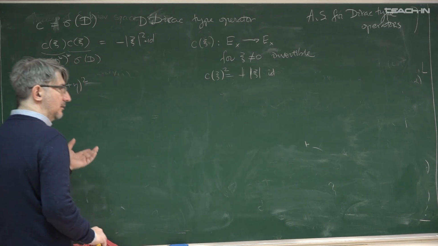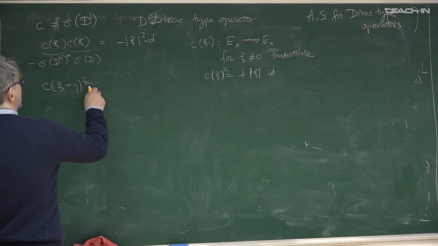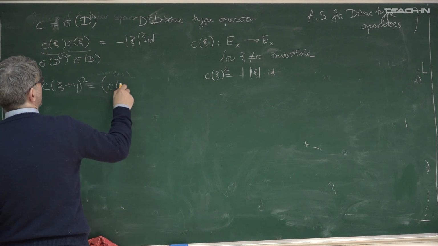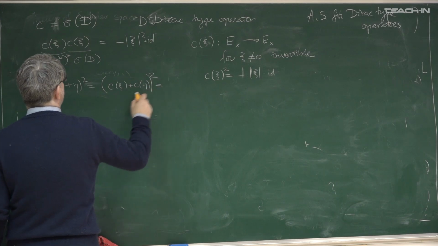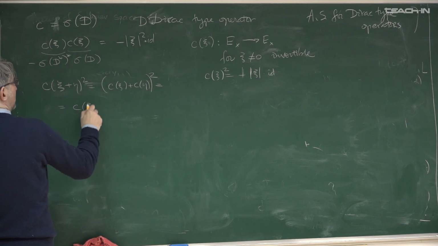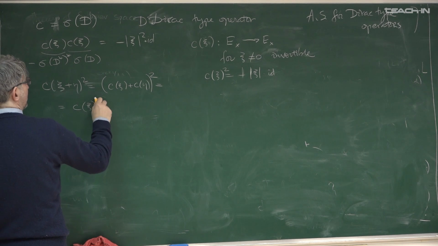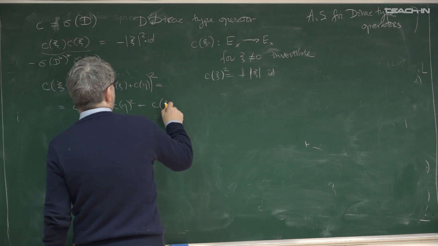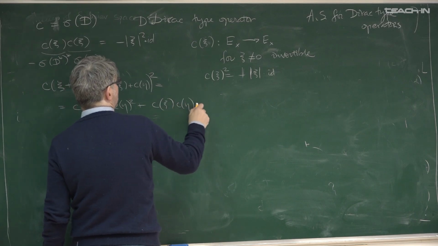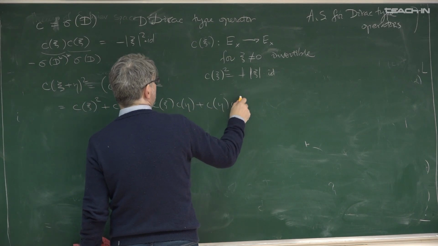But it is of order 1, so it's linear. So actually, what is written here is C of xi plus C of eta squared, and we can write it in this way: C of xi squared, C of eta squared, C of xi C of eta plus C of eta C of xi.